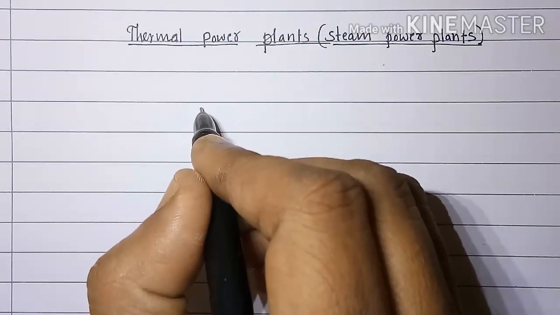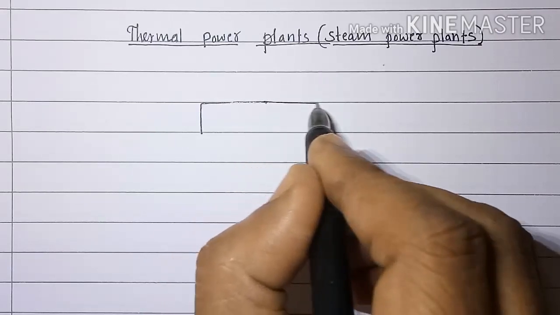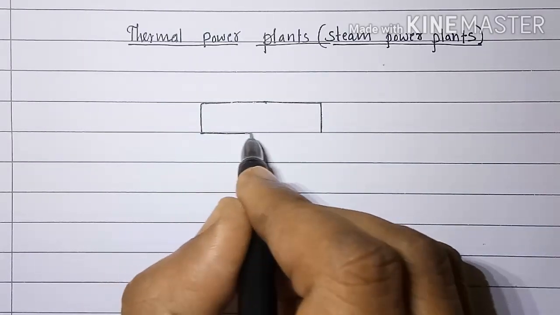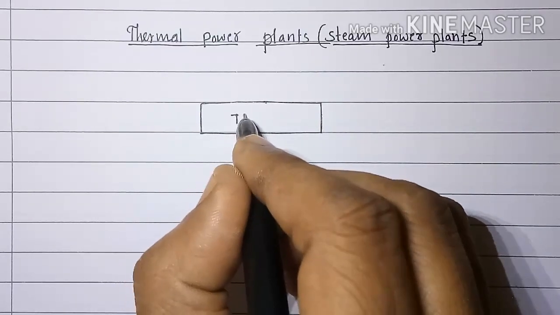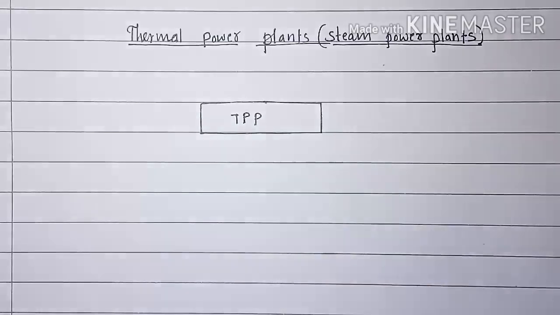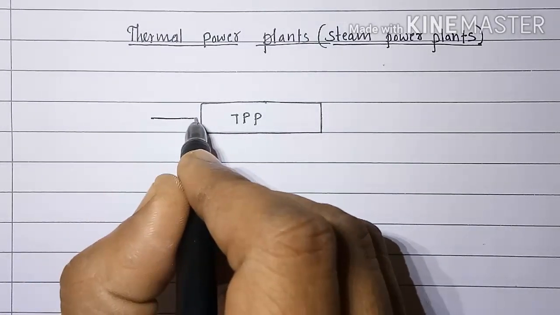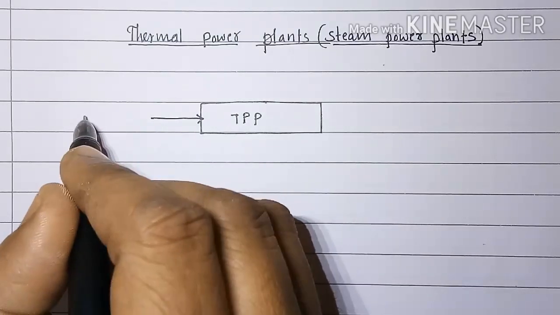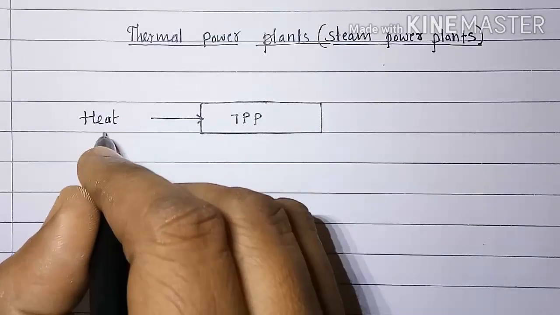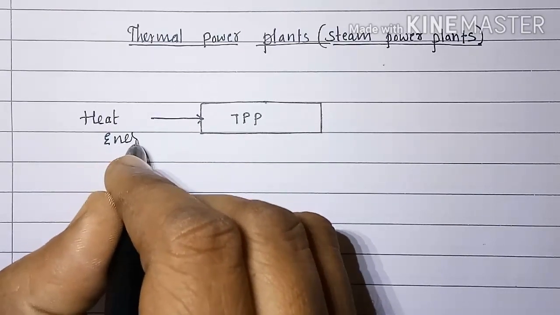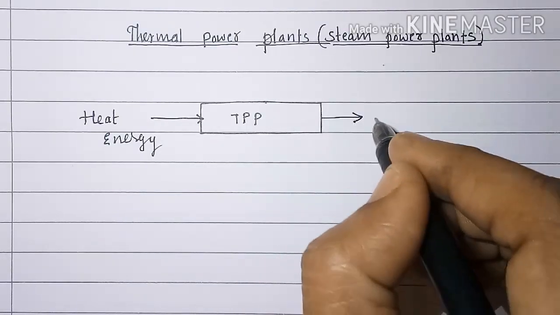So what is the basic idea here? TPP means thermal power plant. You supply it heat energy. That heat energy will be converted into electrical energy.